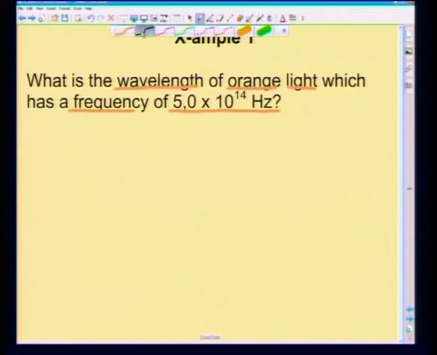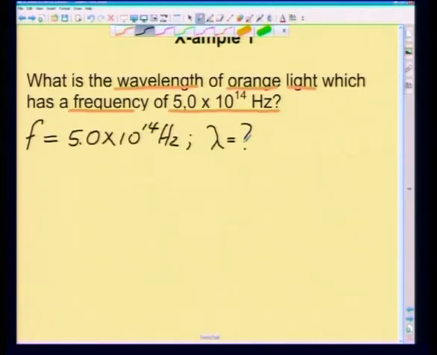Now, for us to calculate this, you would see that what is given to us is, one, we are told that the frequency of the orange light is 5.0 by 10 to the power 14 hertz. Right? That's what is given to us. What we need to find out is the wavelength. So for lambda, we're going to have a question mark.